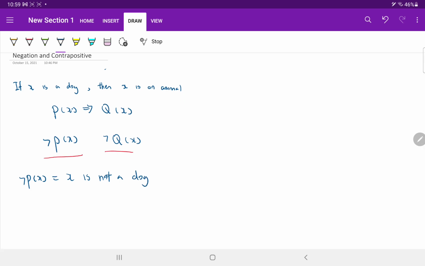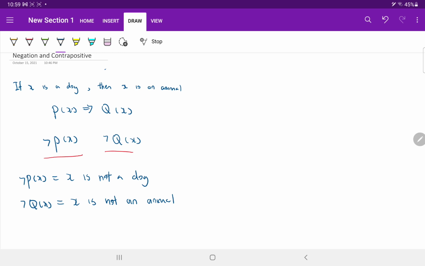And the negation of Q(x) will be that X is not an animal. So that's the negation. You can see negation as the opposite of the statement. In this case, if X is a dog, then the negation will be that X is not a dog, a statement that makes the P(x) statement untrue.